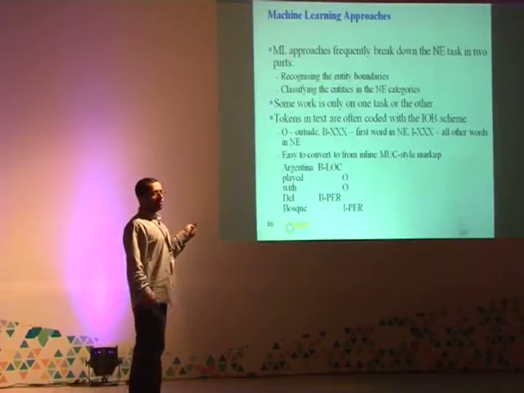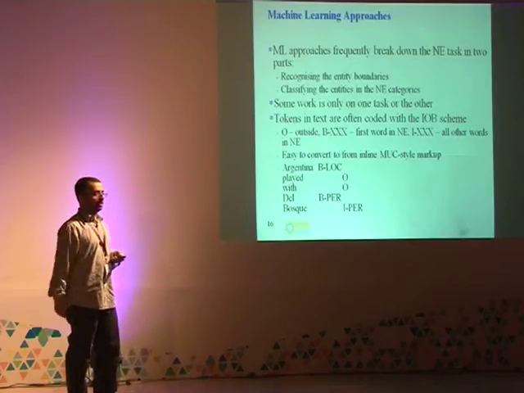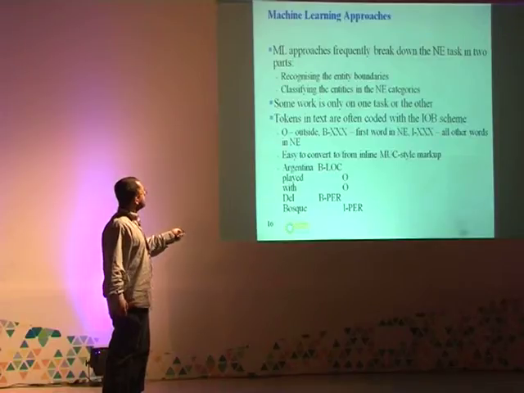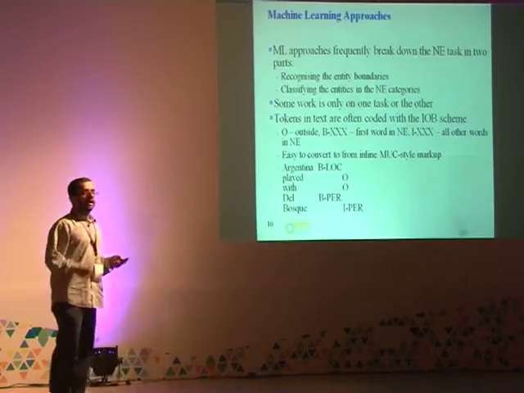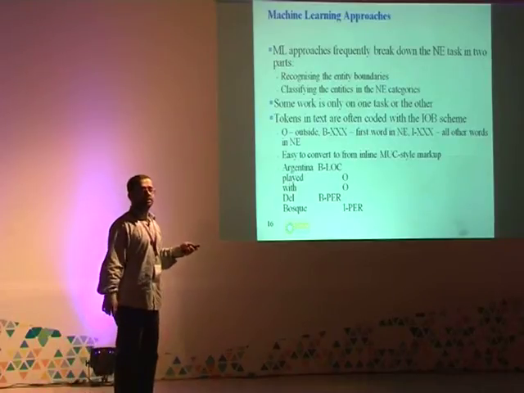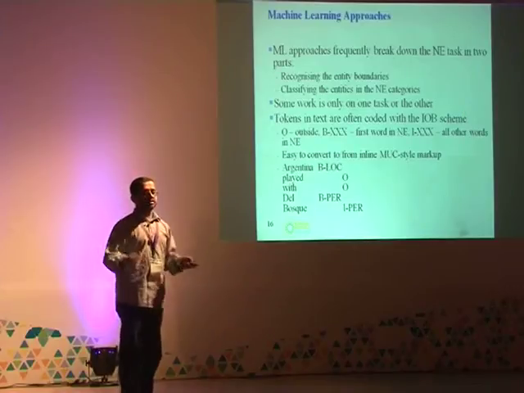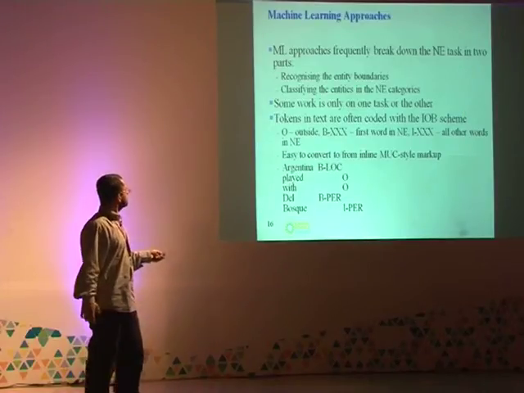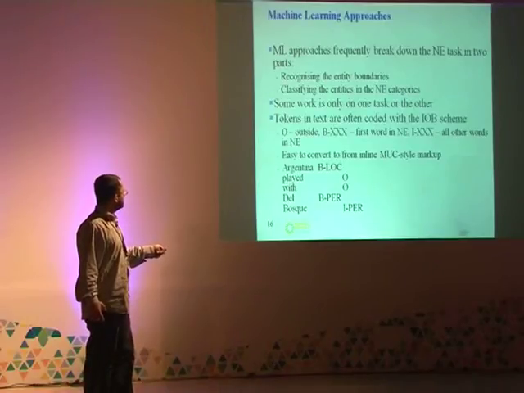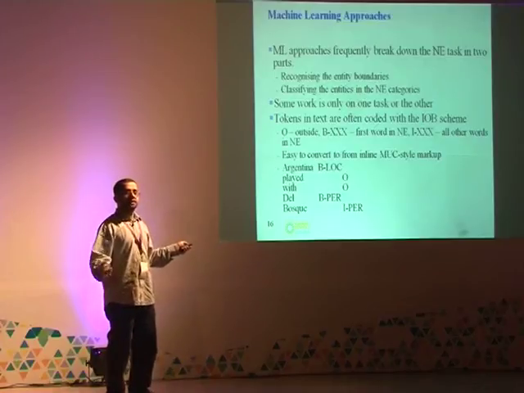There is a lot of work that is focused on one or the other of the tasks. Some work on doing the two together. And there are different formats for identifying token boundaries and identifying the label set to assign. So there is this IOB, which is begin, inside, outside, which basically means that if Del gets tagged as B-PER, this means that Del marks the beginning of a person instance.